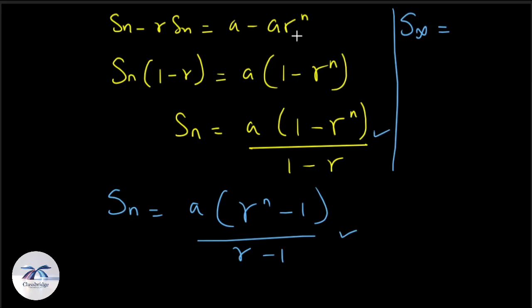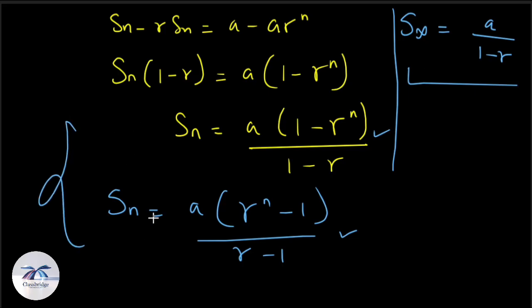Then you determine the limit as n tends to infinity, and you have A over 1 minus r. So this is the third version of the formula. If you are to calculate the sum to infinity, you make use of this, but you can use either of the other two for finite sums.